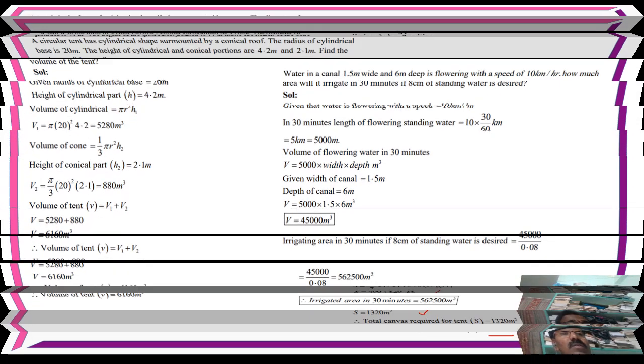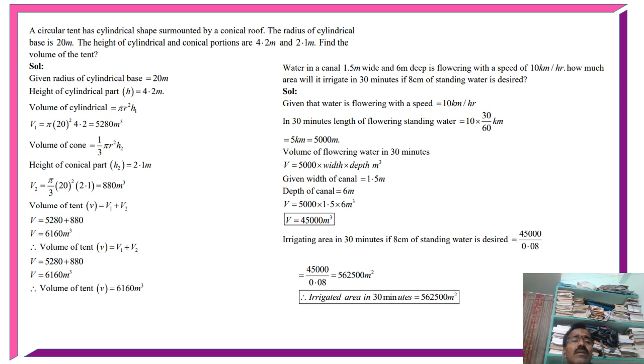Next, a circular tent has a cylindrical shape surmounted by a conical roof, same model as previous, and the cylindrical base radius, height of the cylinder and cone are given separately. So substitute, find the CSA separately and add up. But here it is asked for the volume of the tent.